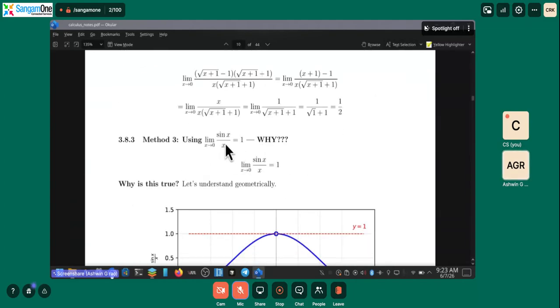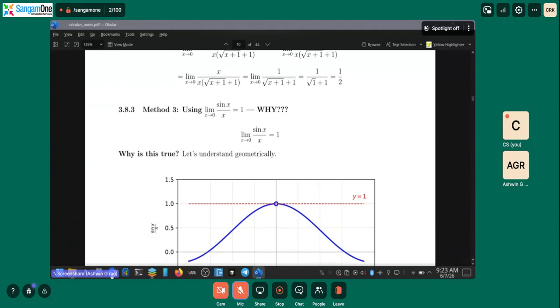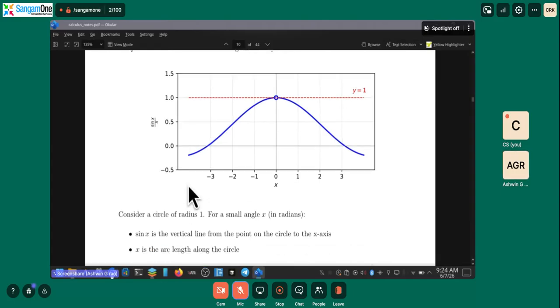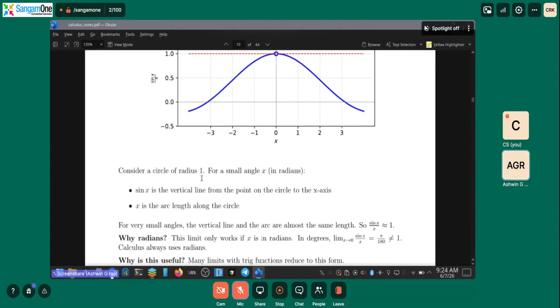Method 3 is using limit x tends to 0 of sin x divided by x is equal to 1. Why? Let's understand it geometrically. This is the sin x divided by x graph. Consider a circle of radius 1 for small angle x in radians.